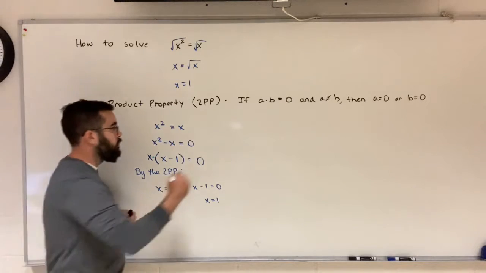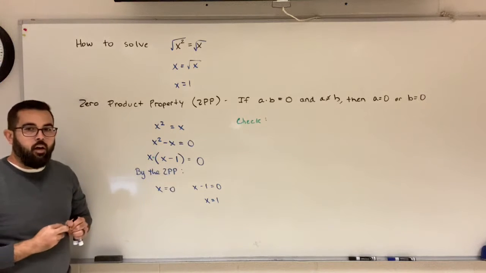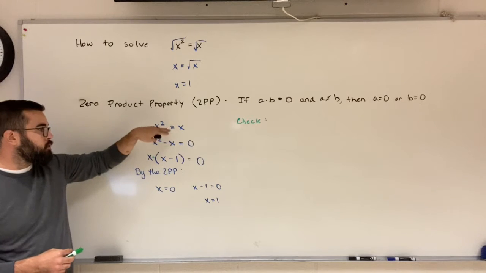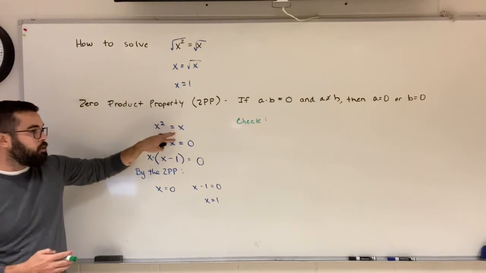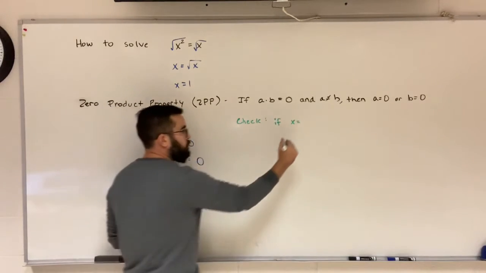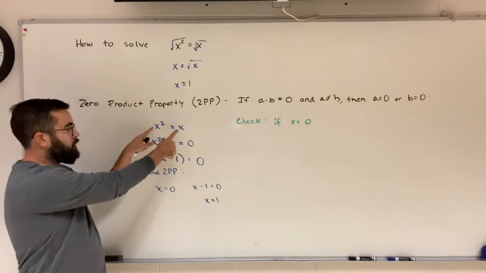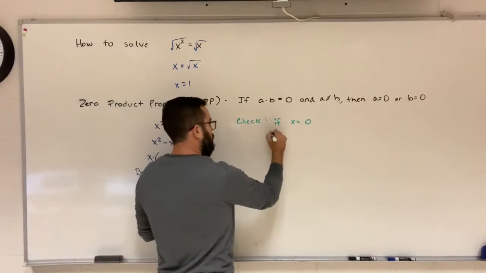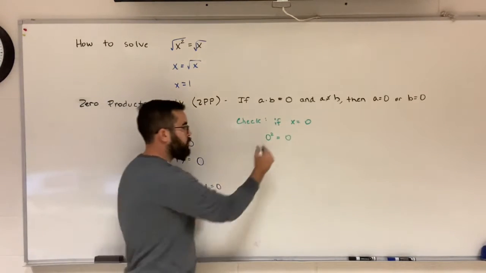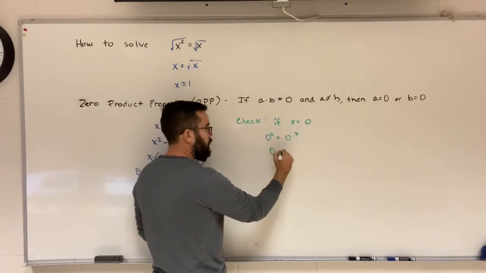So let's do a little check. All equations in algebra can be checked by plugging your answers into the original equation. There's two cases here. If x equals 0, plugging in for x in our original equation leaves 0 squared equals 0. Is that true? Well, obviously yes, 0 squared is 0.